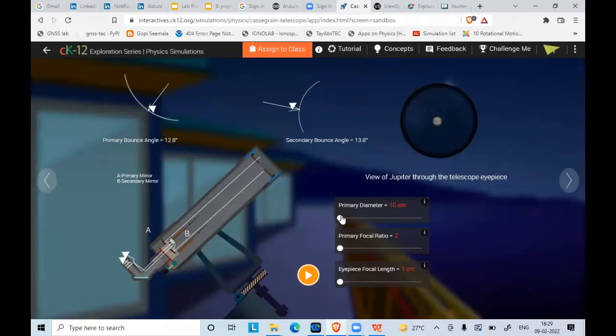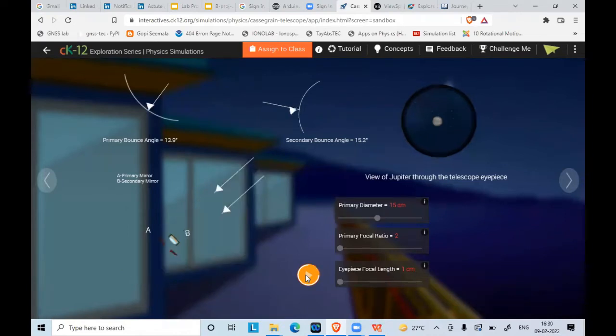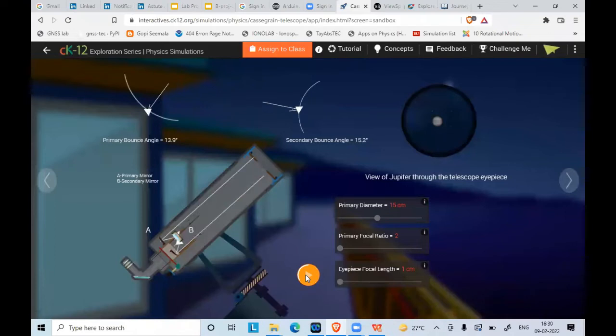So now let me change the primary diameter. Let me change it to, let's say, 20 centimeter, 15 centimeter. Okay. Then let us look at Jupiter again. What do you see? Okay, 15 centimeter.